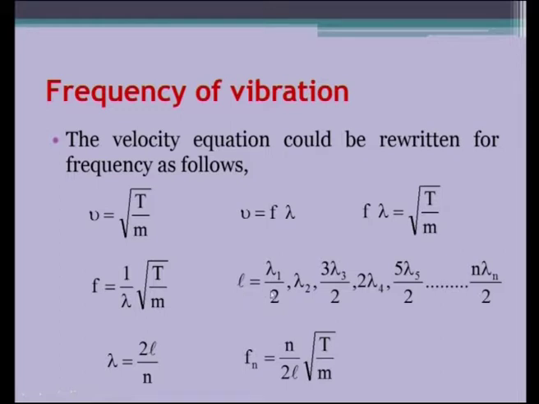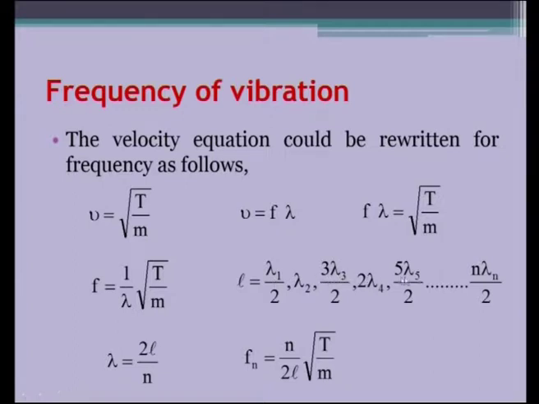In the first case, the length is equal to half the wavelength, which is denoted as lambda 1 divided by 2. In the second case, the length of the vibrating segment is equal to a full lambda, but this lambda is not equal to lambda 1. So, we show it with the suffix 2, lambda 2, a different lambda. Third case, it is 1 and a half, or 3 divided by 2 times lambda 3, because 3 loops will be formed.